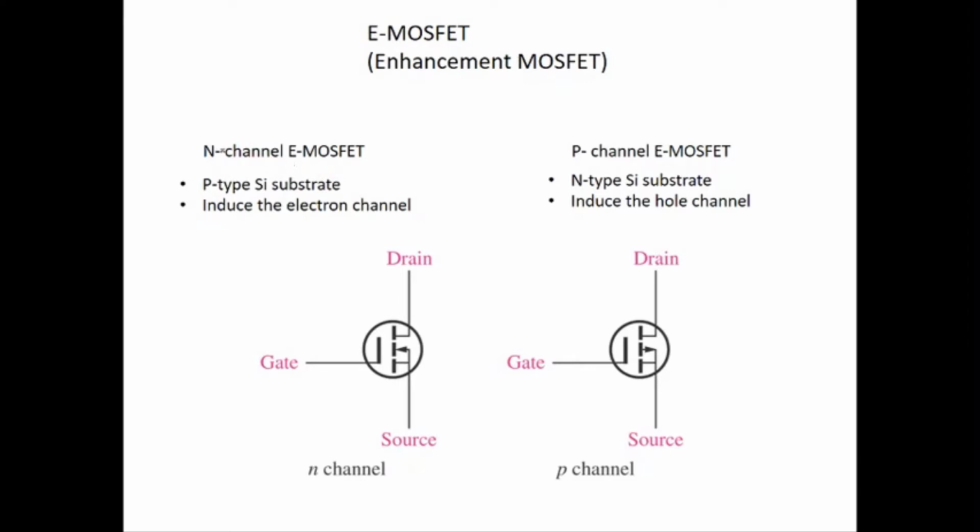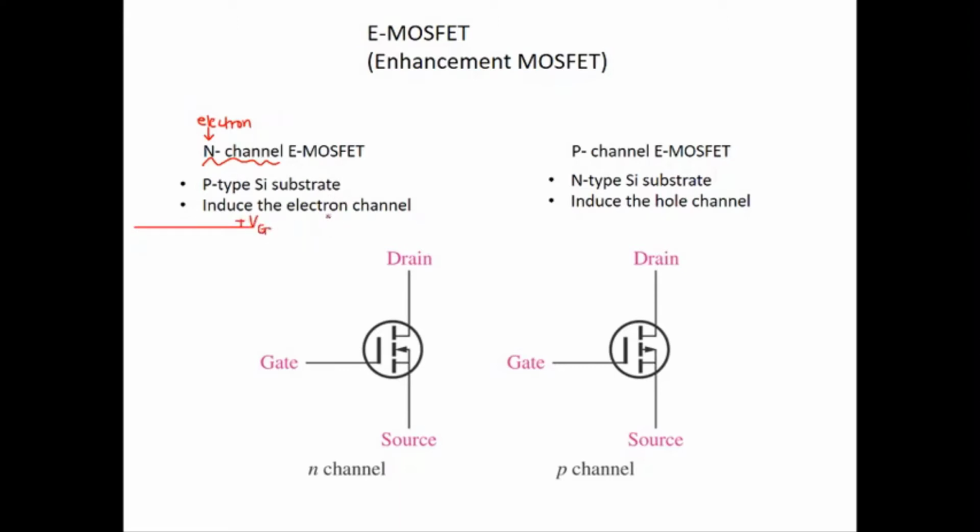The N in N channel refers to negative. This is electron as the channel. So the EMOSFET induces the electron channel by applying a positive voltage at the gate. So this is positive VG.